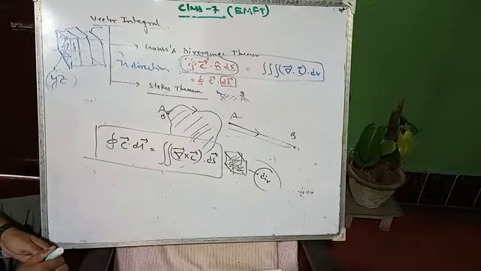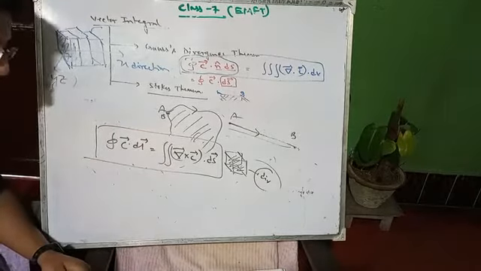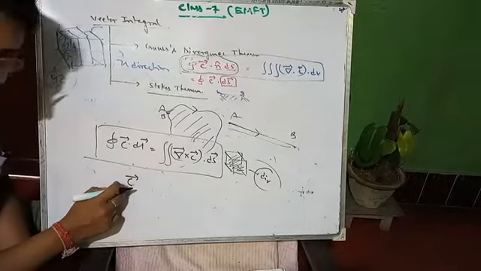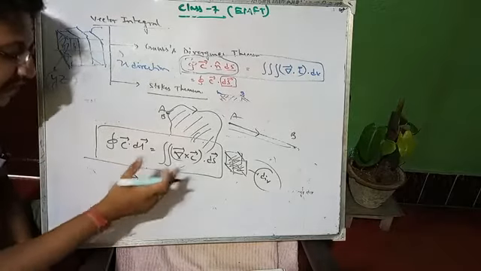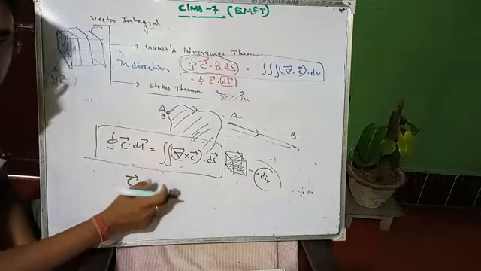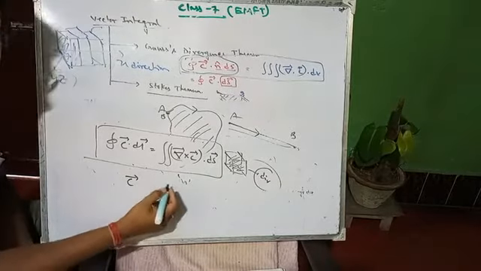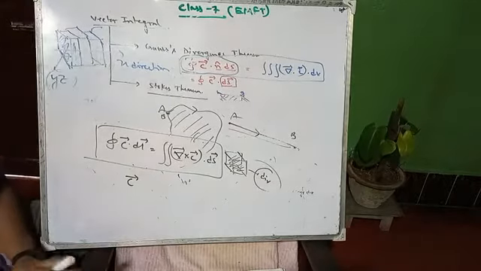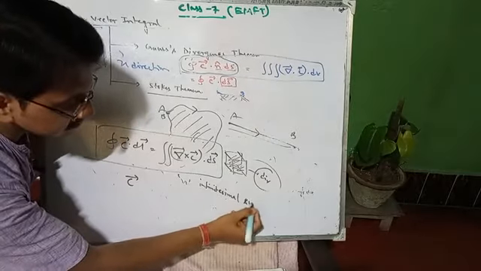So write down: assume a closed line representing a vector C, which is further divided into a small n number of infinitesimal surfaces.